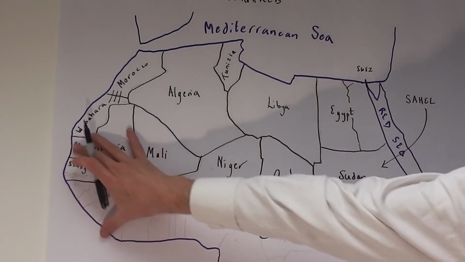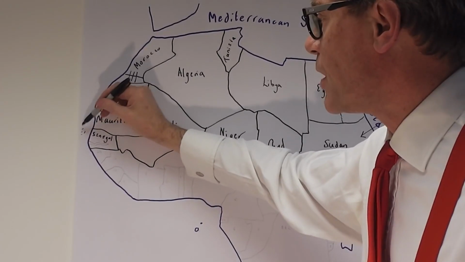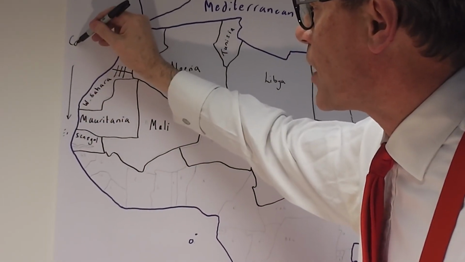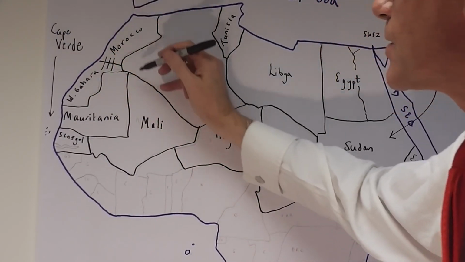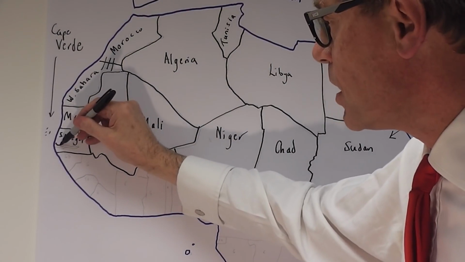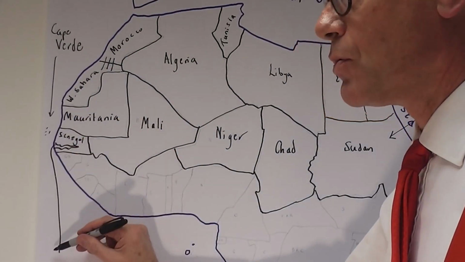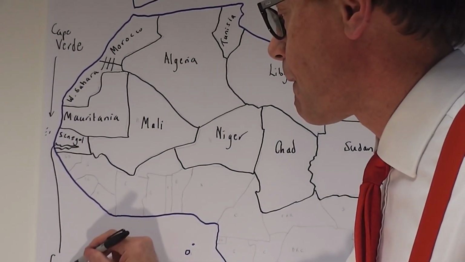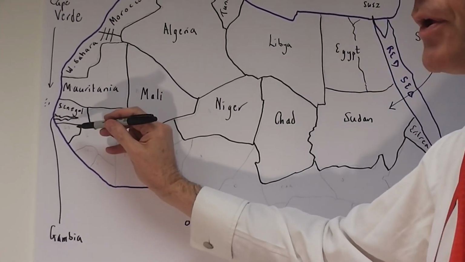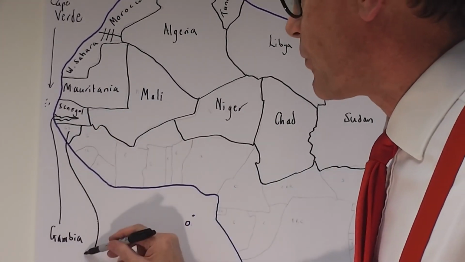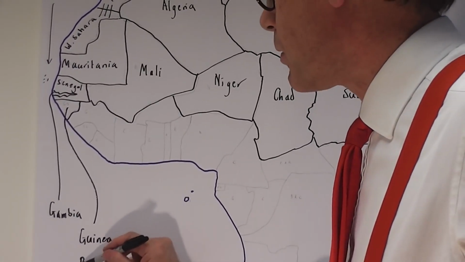Now let's have a look at the West African countries in this area here. There are some islands just off the west coast of Africa called the Cape Verde Islands, used in the slave trade, and then here in the middle of Senegal is a small country along a river called Gambia. Next to Gambia is another small country there, that's called Guinea-Bissau.